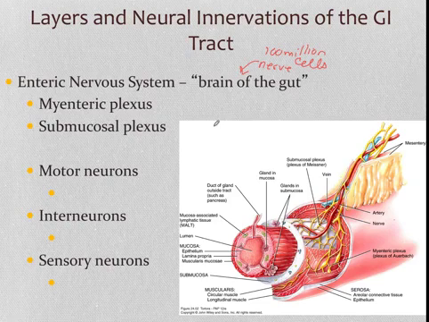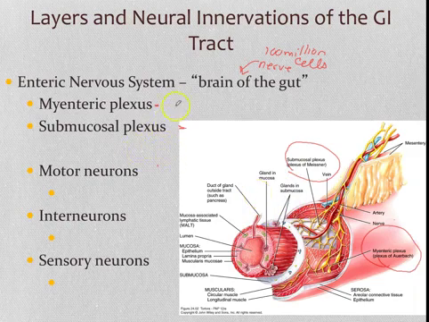So you have the first group of neurons, and it's a plexus because they kind of come together. It's called the myenteric plexus. Basically, this is located between the longitudinal and circular muscle layers. And then the second one is the submucosal plexus, which is found within the submucosa.